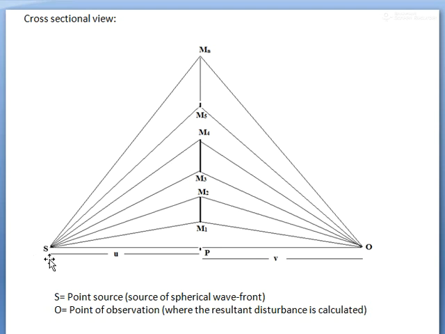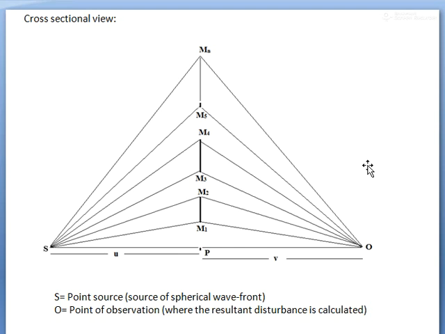Okay, and as this is a point source, some spherical wavefronts are generated by this S, and the spherical wavefront is propagating along this direction, right? Now when it is obstructed by this zone plate, those wavefronts are recombining at an external point O, and I have to get some sort of image, right?